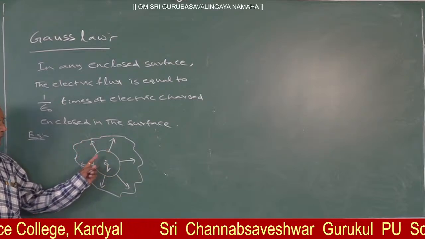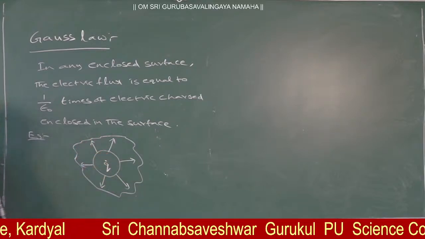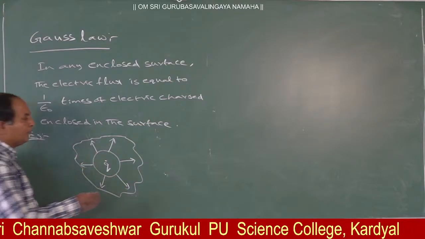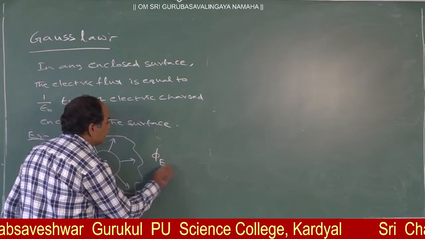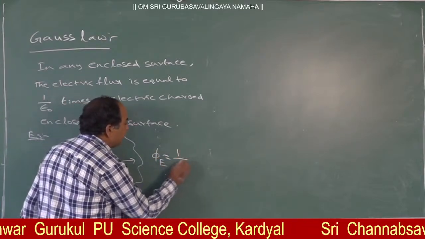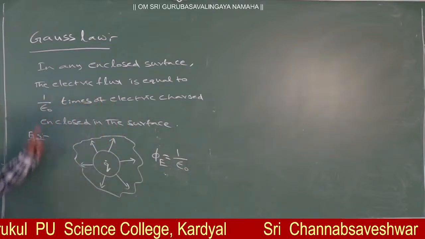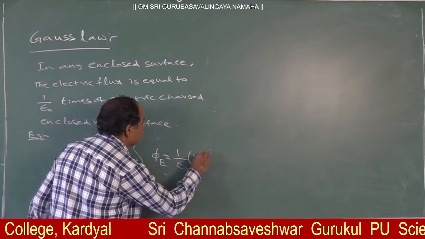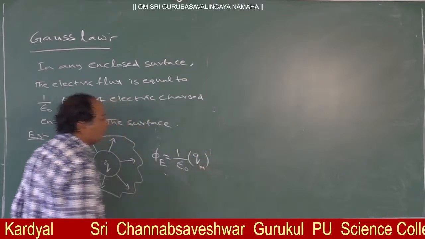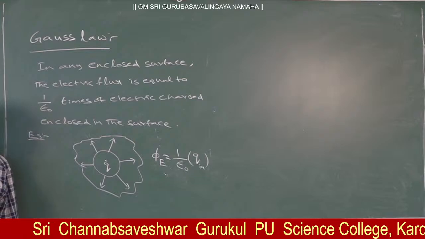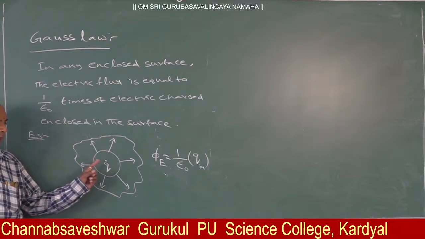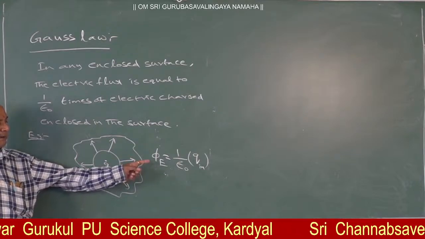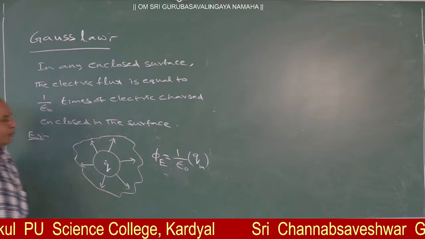The electric field lines passing per unit area is said to be flux. So its flux is equal to 1 by epsilon naught times the charge enclosed in it, that is Q. We may write this Q as Q in, meaning the charge inside the given enclosed surface. So phi is equal to 1 by epsilon naught into Q in.